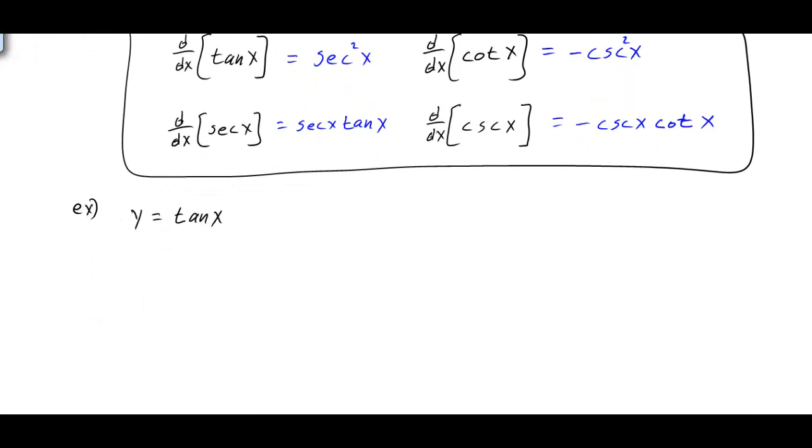Well, I want to actually prove this by rewriting this tangent function. We know the tangent is the same as sine x over cosine x. If we rewrite this in terms of sine and cosine, we now have division, and if we want to take the derivative, we can use the quotient rule.